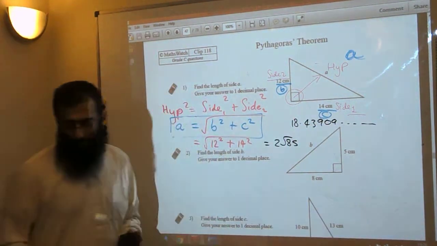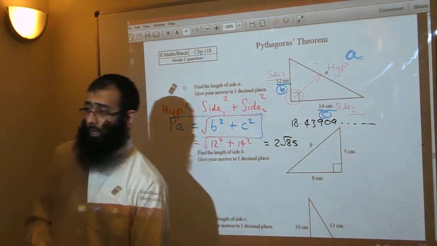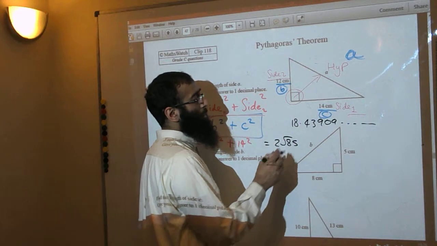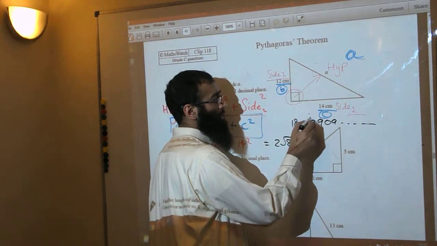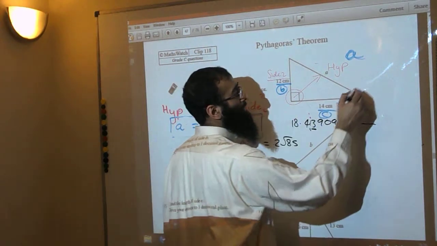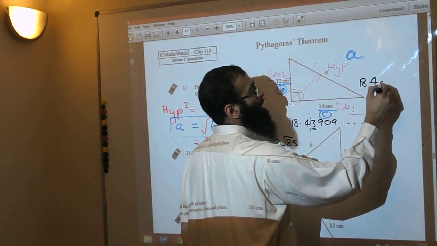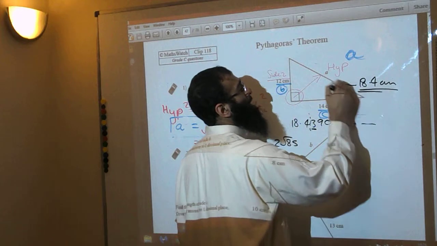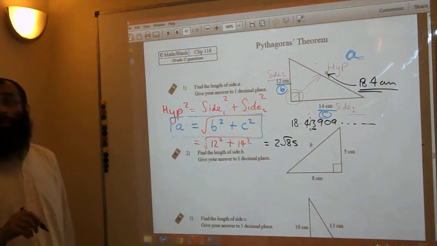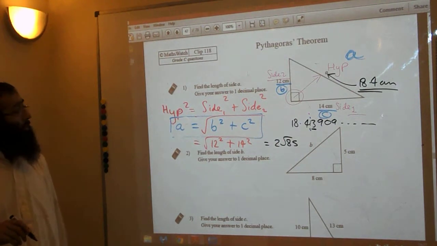If you round off to one decimal place, what is that? It becomes 18 point, because this number is less than 5, so you leave that alone. So the final answer is 18.4 centimeters is the size of A. Okay.